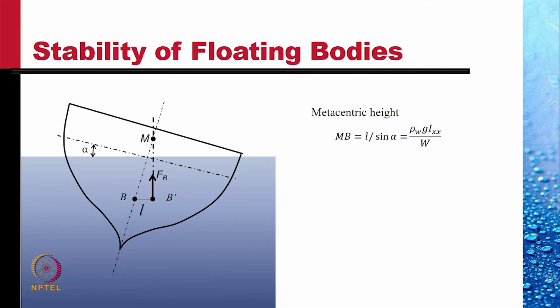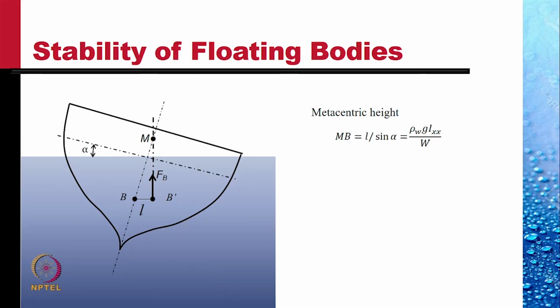This ship would be stable if the center of gravity lies within the segment BM. The lower the center of gravity, the more stable is the ship. If the center of gravity lies above point M, then the ship is unstable.